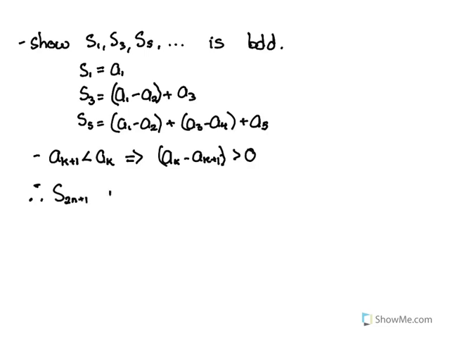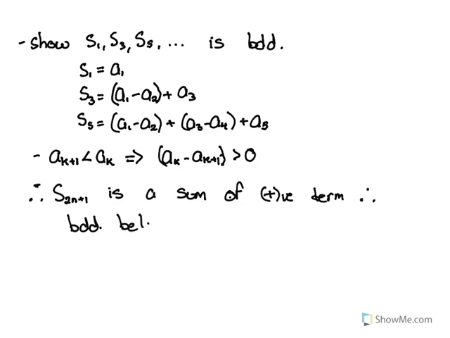So therefore, S_{2n+1} is a sum of positive terms, therefore bounded below by 0. So we have a decreasing and bounded below sequence.